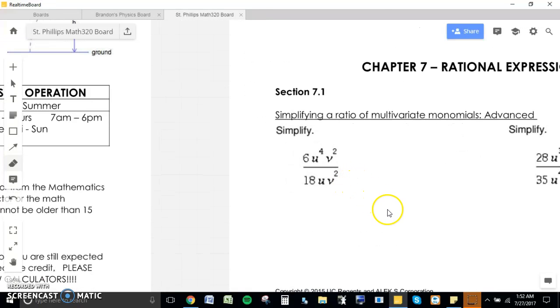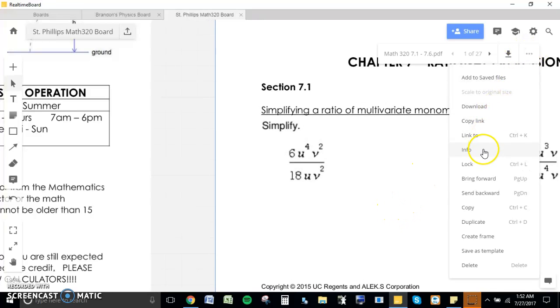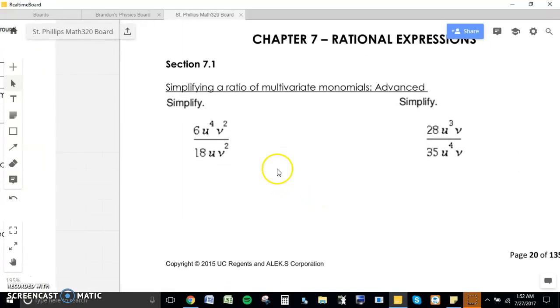So let's look at the first one that they give us here. They want us to simplify this rational expression. In order to simplify it, we need to cancel out as many common factors as we can. It's similar to a fraction like 112 over 216.